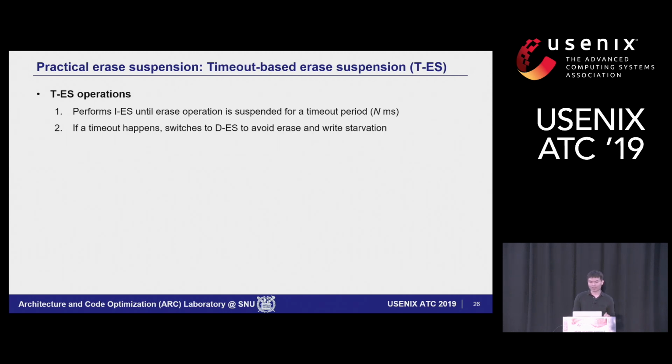Both immediate erase suspension and deferred erase suspension have their own advantages, and we want to have the best of both. So we would like to propose a timeout-based switching mechanism called TES. Timeout-based erase suspension operates in immediate erase suspension mode for the timeout value, and if a specific write request does not complete within the timeout, it switches to deferred erase suspension mode to avoid write starvation.